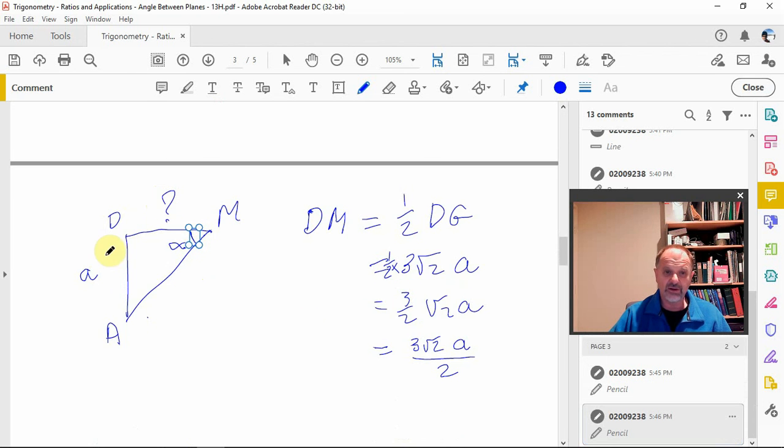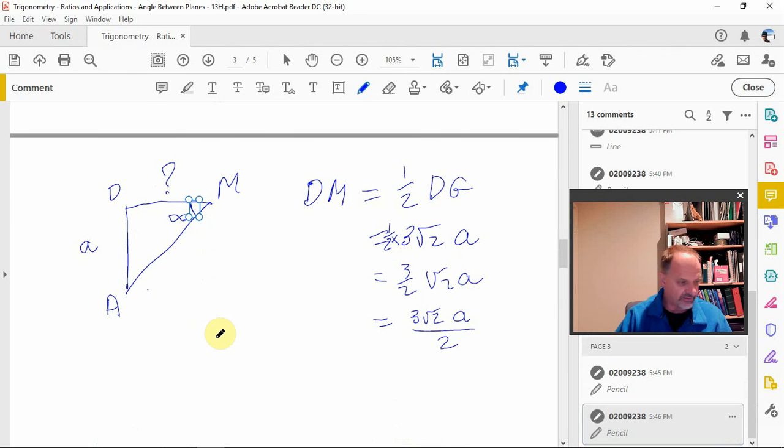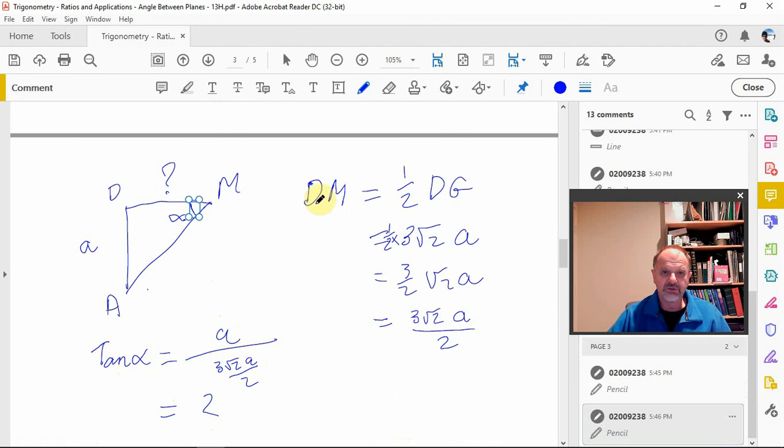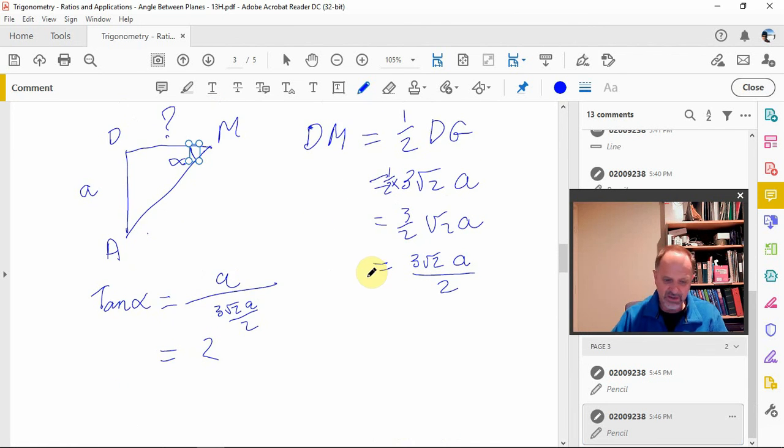And again, I've now got these two sides. So tan of alpha is the opposite over the adjacent. Now, if I'm dividing by a fraction, I'll turn it upside down and multiply.